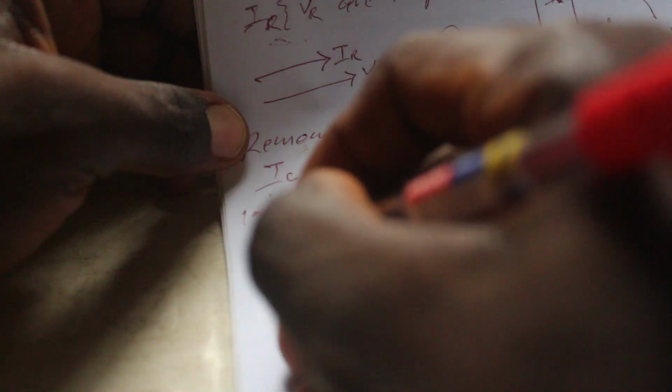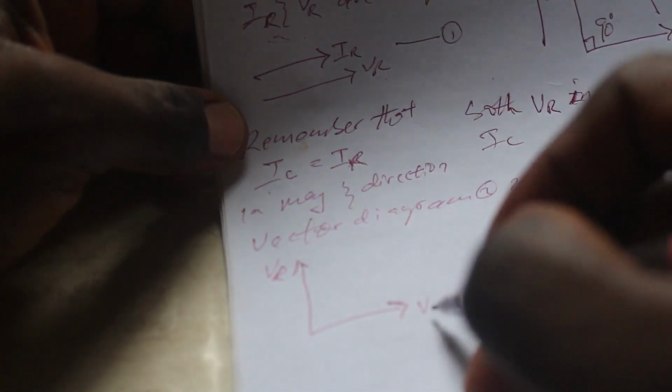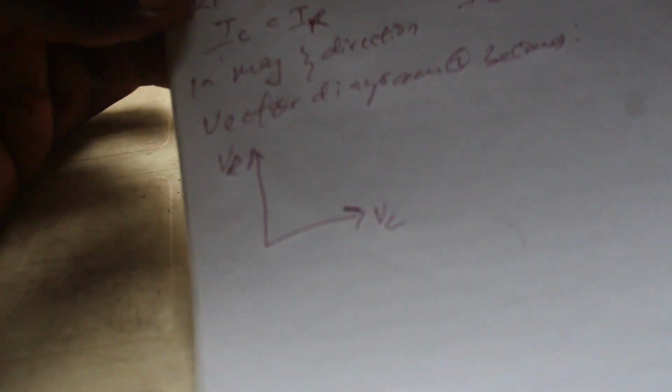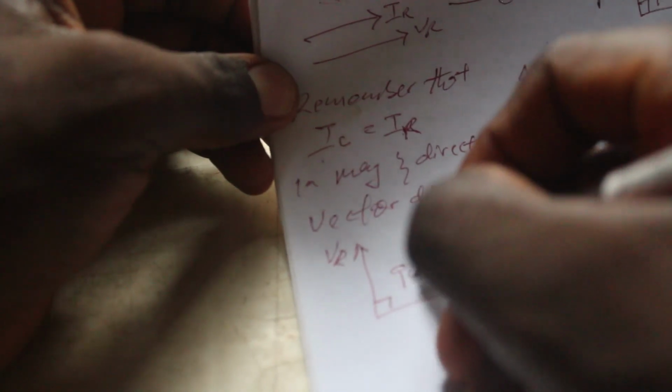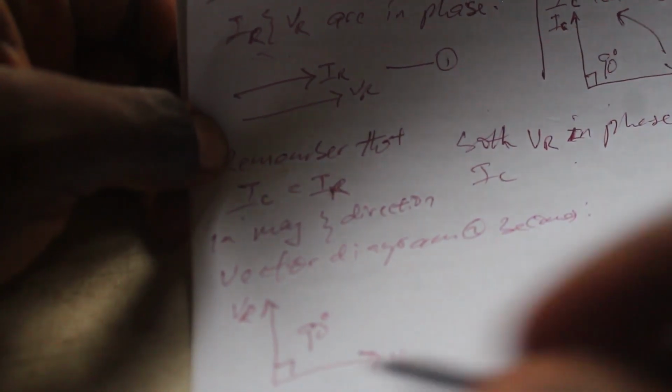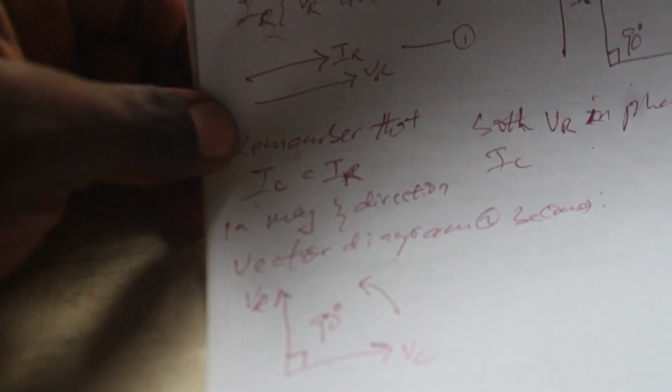We have VR and then VC. In this case, remove the IC from there and put VR there. And that means the voltage across the resistor leads the voltage across the capacitor by 90 degrees.